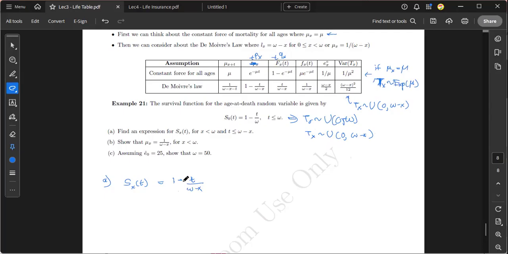Or you can use the definition by itself, which is S(x plus t) over S(x), and find this. This is also a possible way.